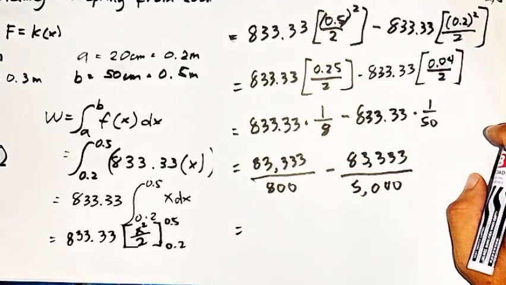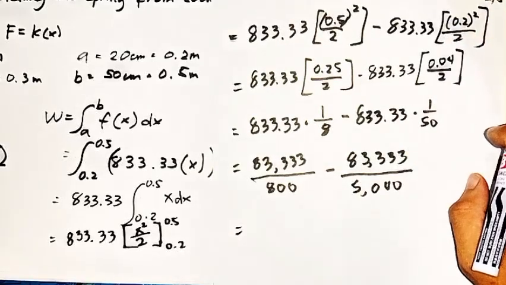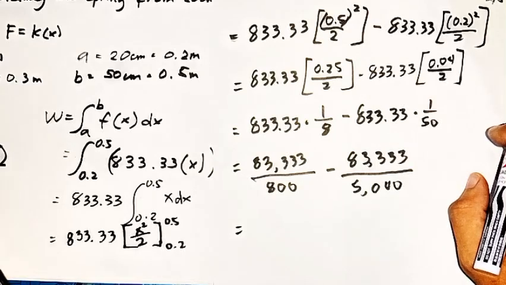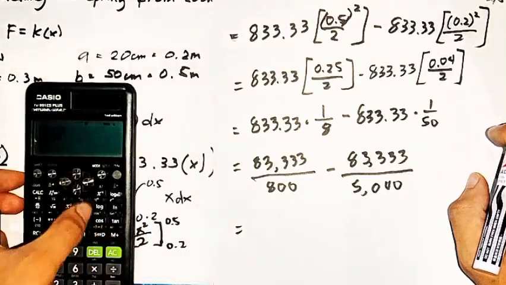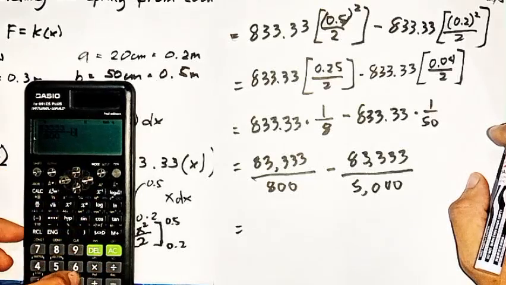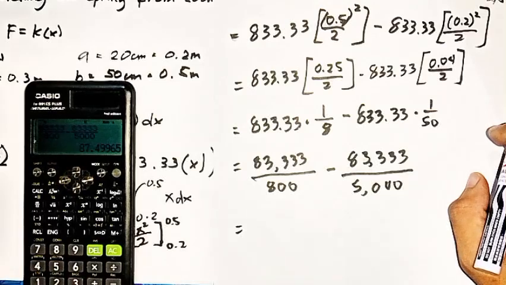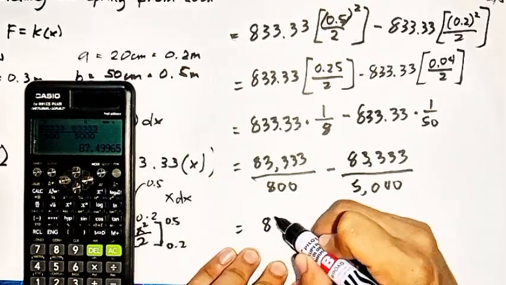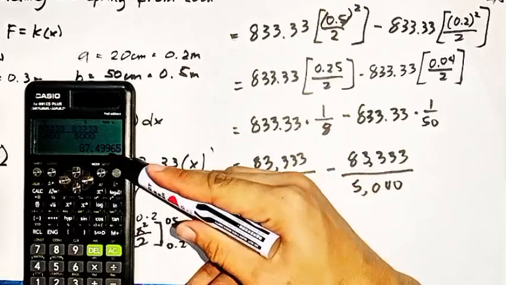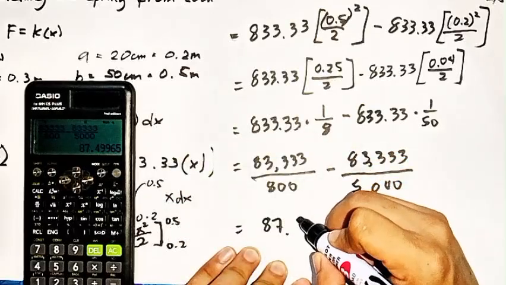We have 83,333 over 800 minus 83,333 over 5,000, which is equivalent to 87.49, so let's round up to 87.5.